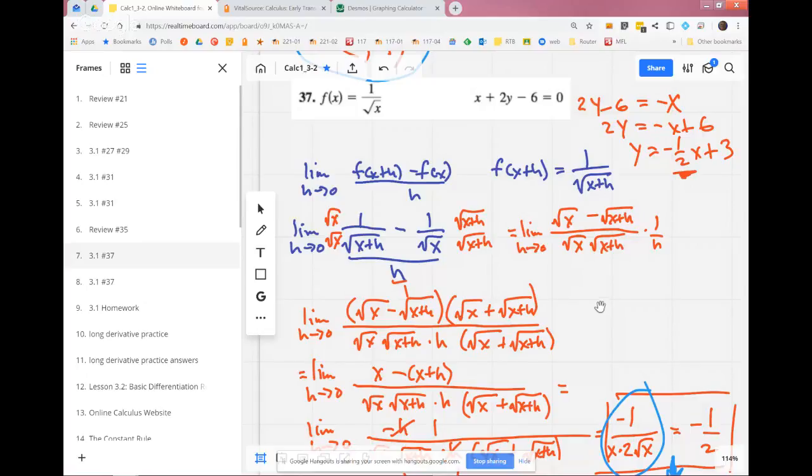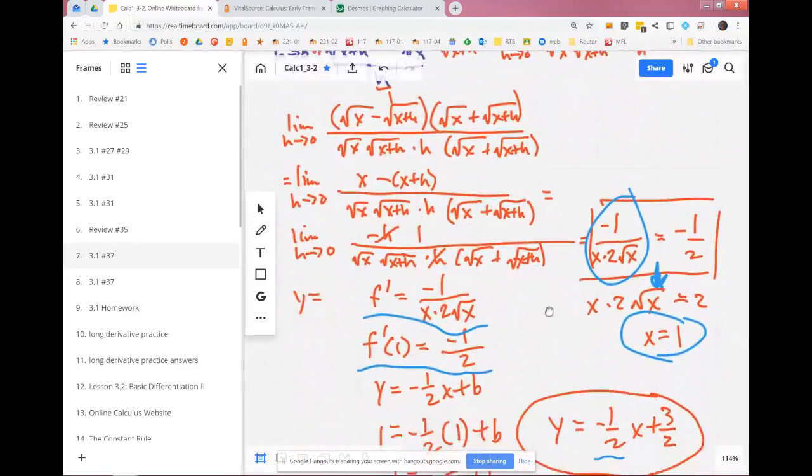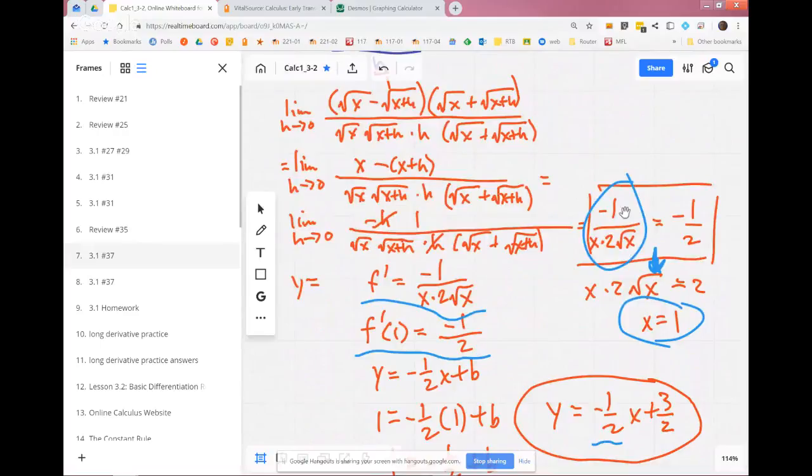So my question is, hopefully you arrived at the derivative that you see in the blue circle. Let me know if you want me to go through that. I came up with this derivative, -1 over x times 2 times the square root of x.